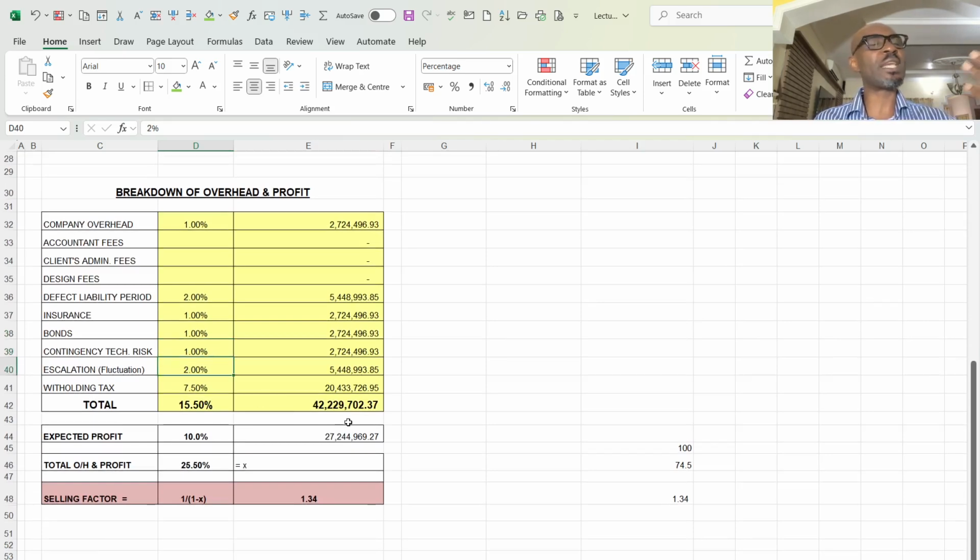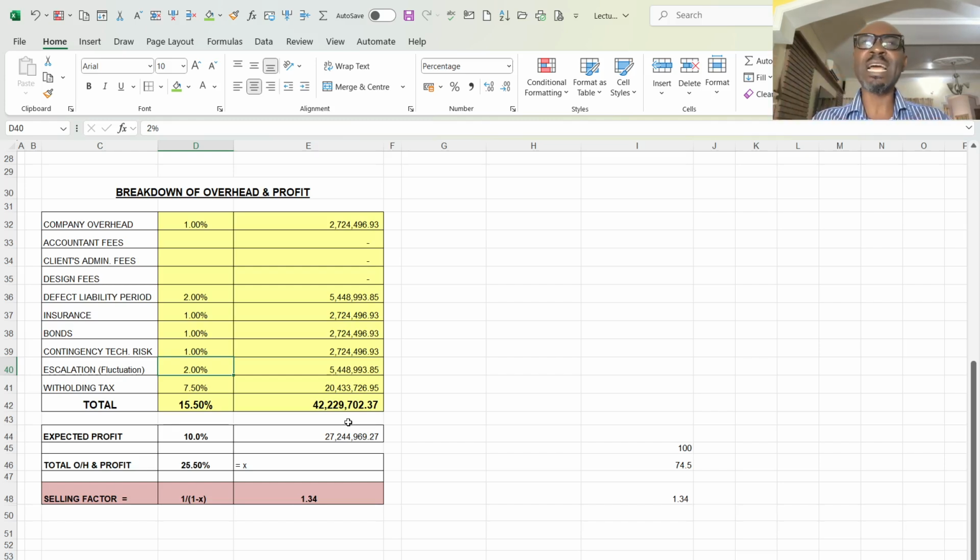The fluctuation, say in a situation where the contract is silent about fluctuation, you cannot be so callous not to make projection that since we're in a volatile environment where prices move up and down, you must make provision to take care of whatever might happen during the course of the construction.